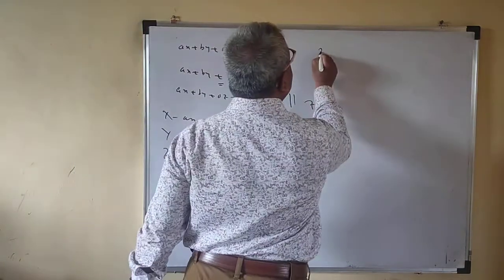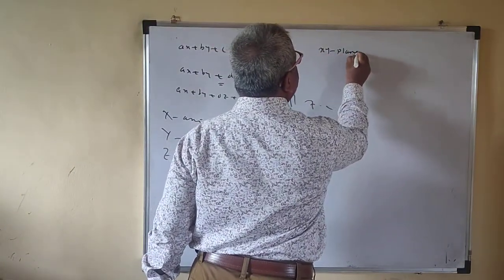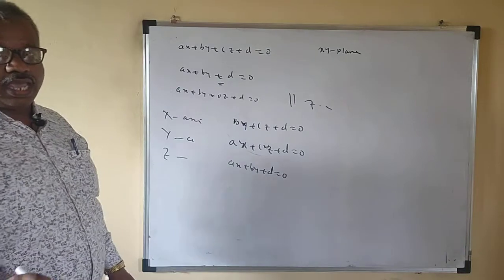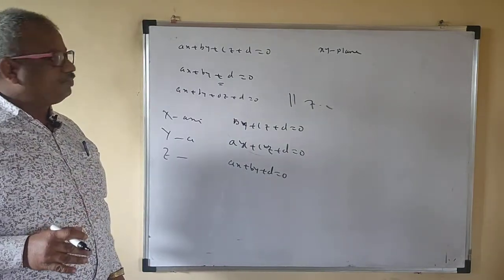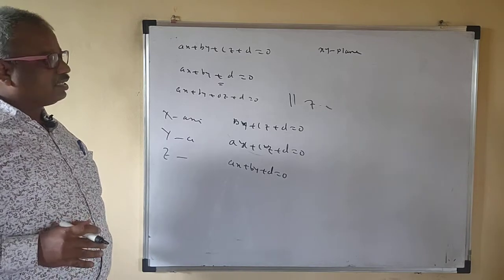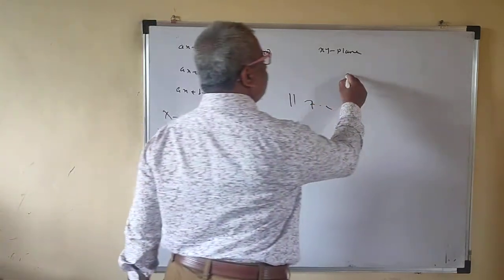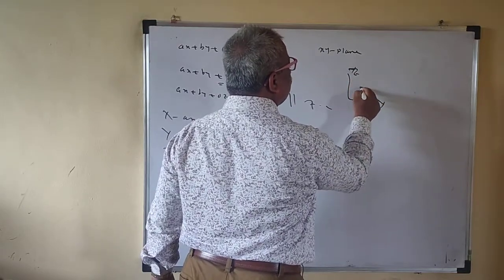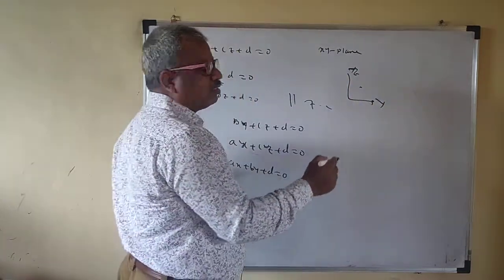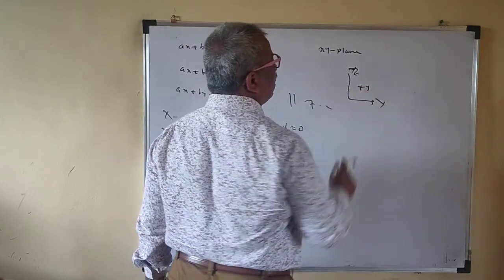Then the equation of xy plane. That means a plane containing x axis and y axis. Suppose this is your y axis, and suppose z axis. Then this plane contains y axis and z axis, so this plane is called yz plane.